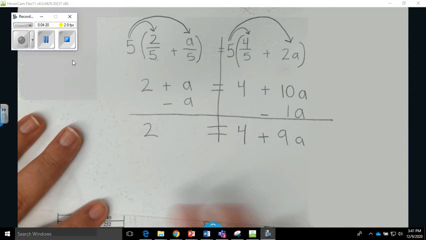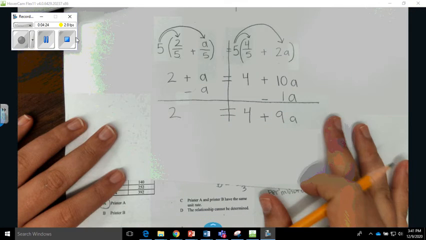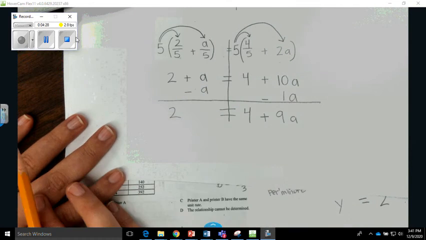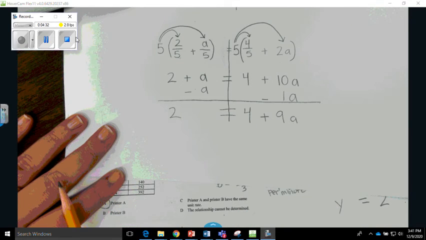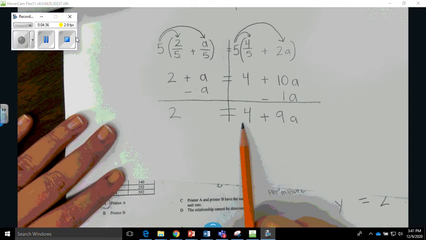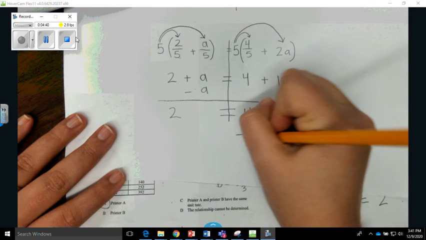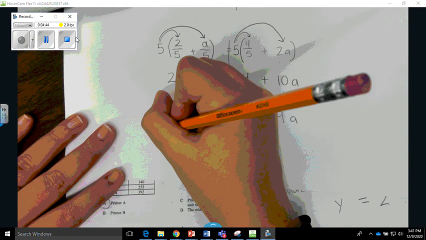So now we can keep going. We're almost there. You guys almost finished the problem. And I bet you already stopped this video and you solved it on your own once we got all that mess out of the way. So on the side where my variable is, I still have that y-intercept there. So let's take care of that. It's a positive 4. So let's subtract that away. What I do to one side, I must do to the other.